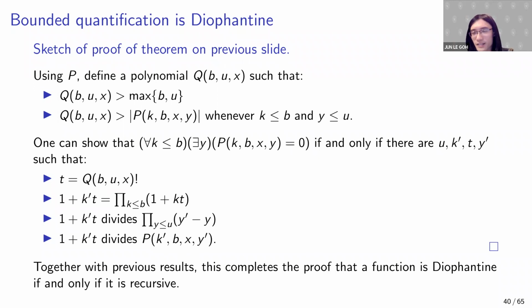One direction is easy: if a function is Diophantine, it's clearly recursive, but the converse is highly non-trivial, and we have just completed the proof of the converse. I've waved my hands a bit, but I've given you the ingredients to complete the proof in some sense.